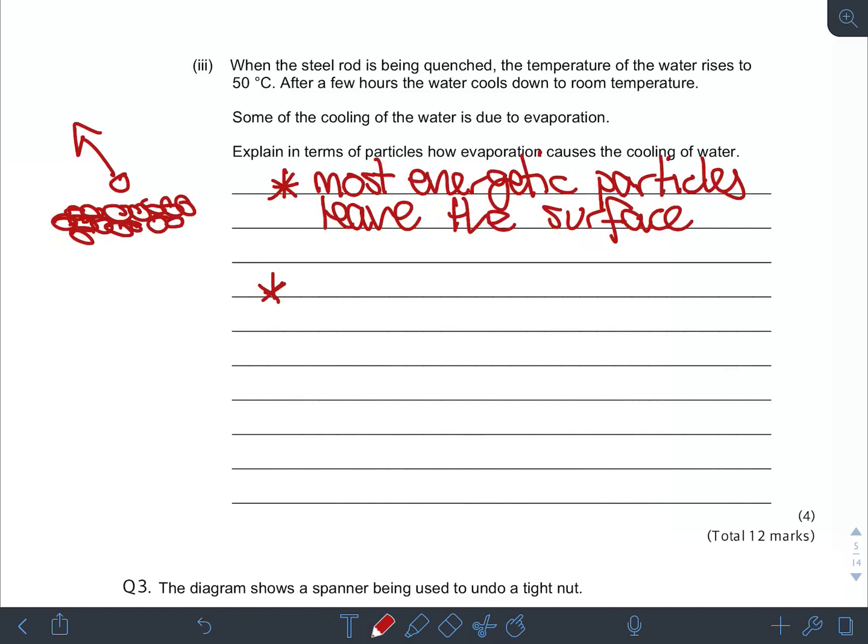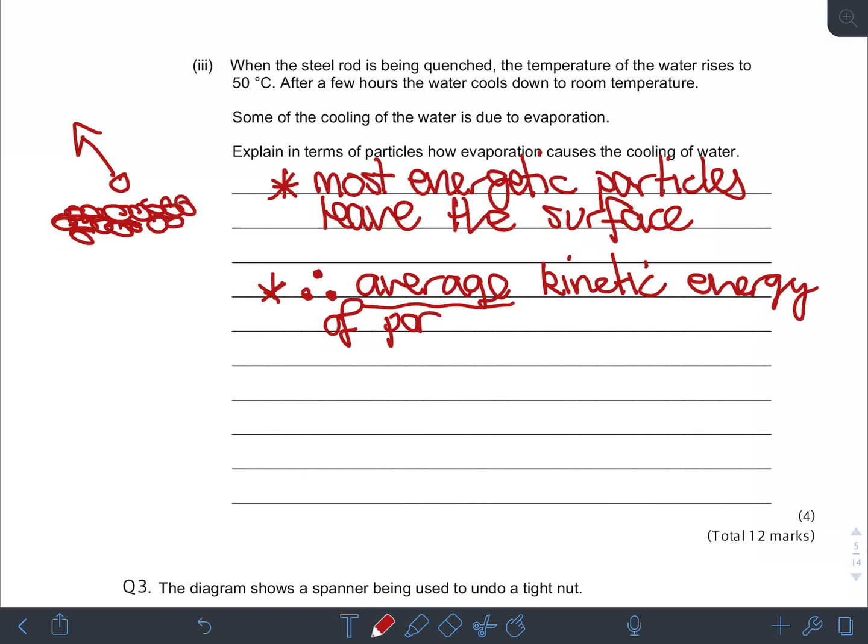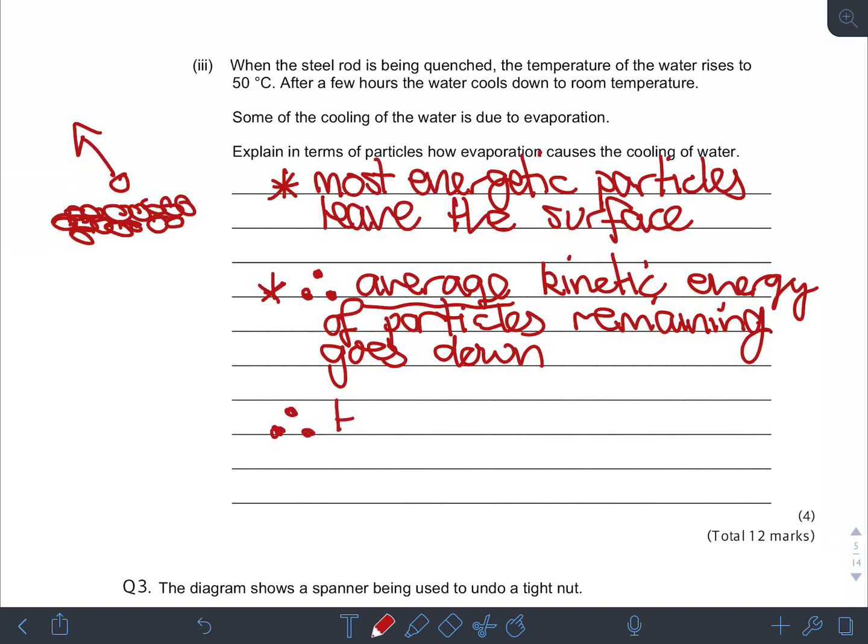Then we have, therefore, the keyword, average kinetic energy of particles remaining goes down. And therefore, the temperature decreases.